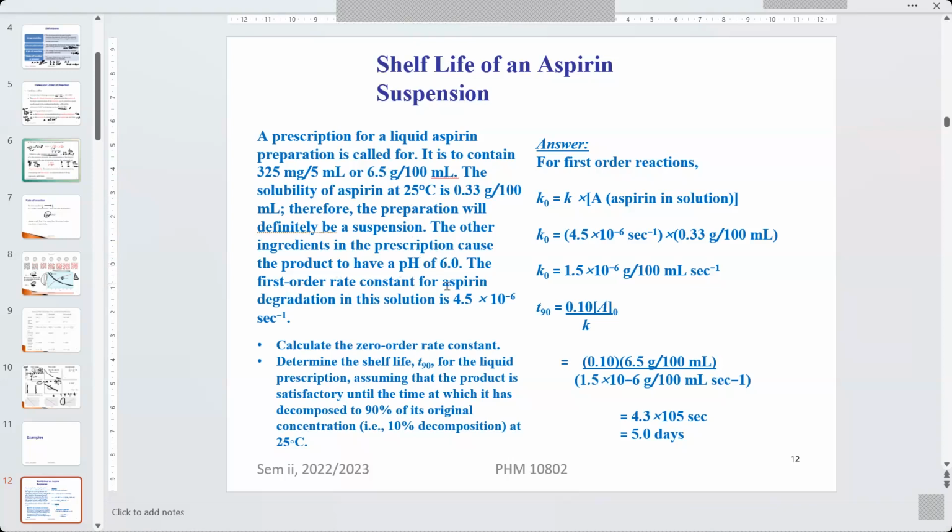The first order rate constant for aspirin degradation is 4.5 times 10 to the power negative 6 per second, second to the power minus 1. Okay? So this is the K, the reaction rate constant of degradation of aspirin.